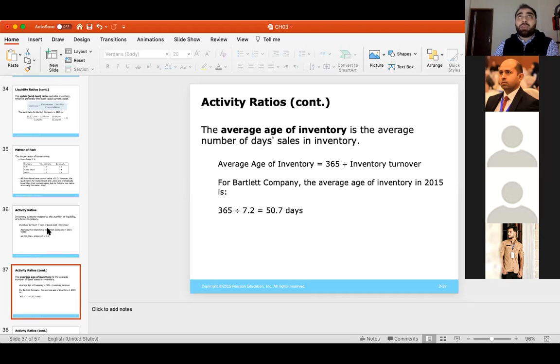What does that mean? 50 days. That means that every 50 days, I sell all of my stock or my inventory. And again, I need another 50 days in order to sell another amount of inventory.